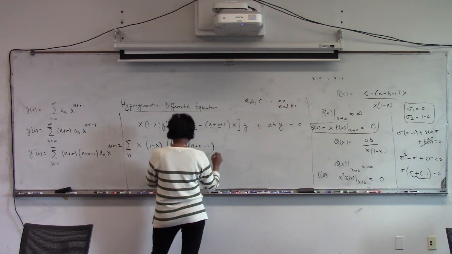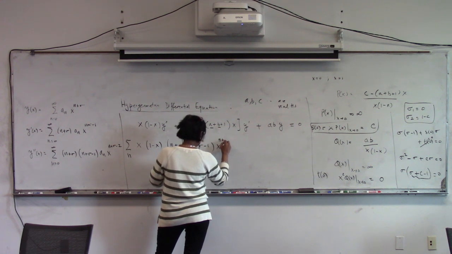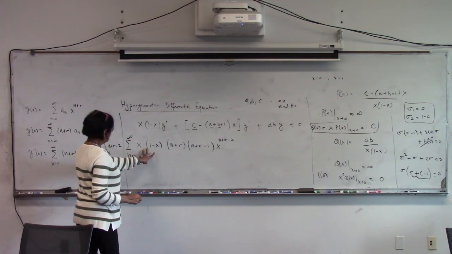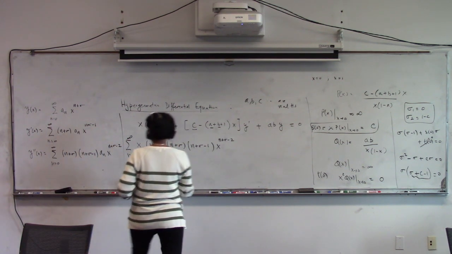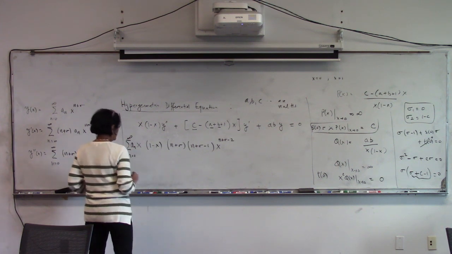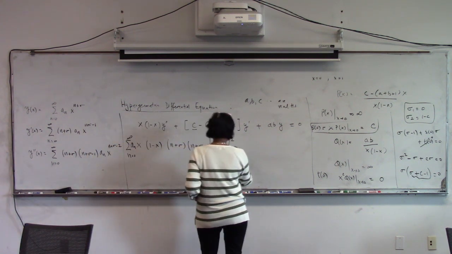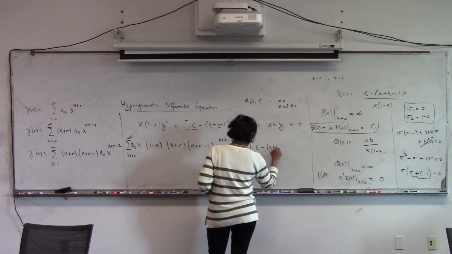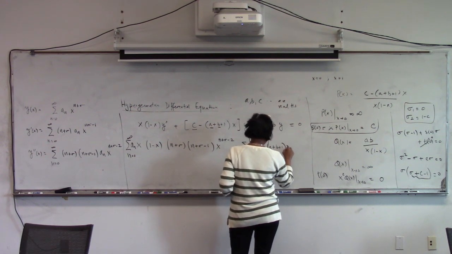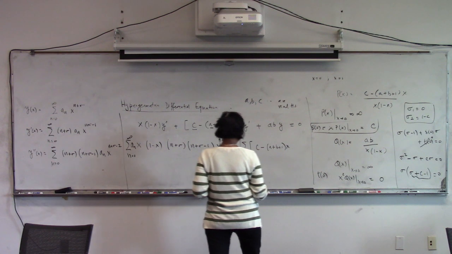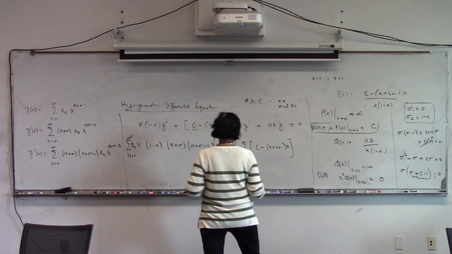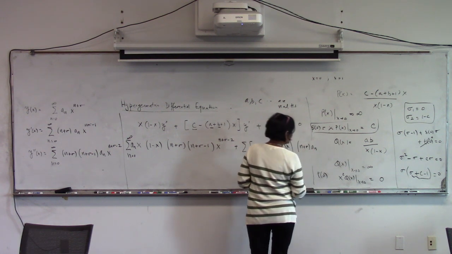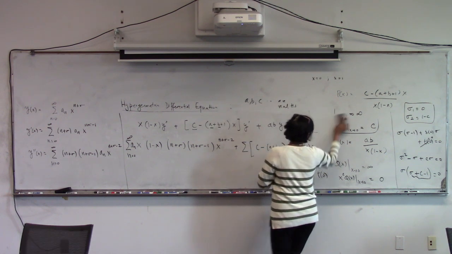We have that, and a sub n, of course. All right, that is one term, plus c minus a plus b plus 1 times x y prime is that, n plus sigma a sub n. I think I can remove all these, the roots.